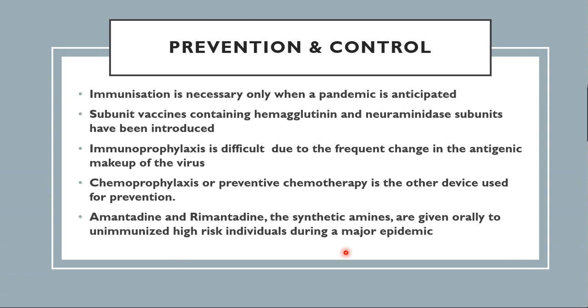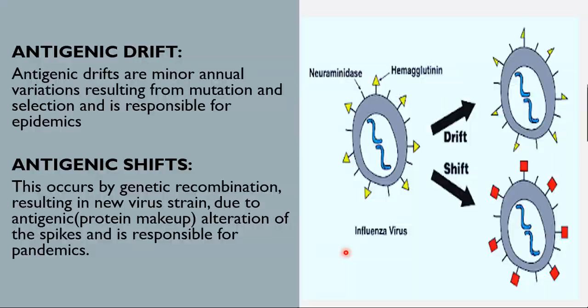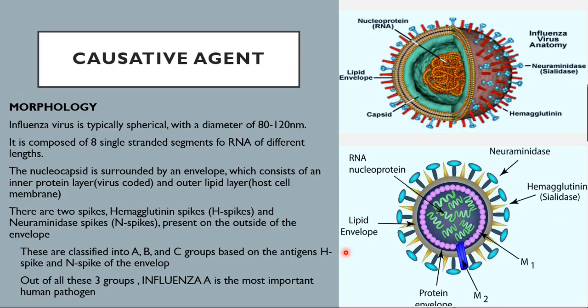They act only on influenza A virus and not on influenza B virus, which lacks the M2 protein. In the structure we went through the M1 and M2 proteins, so here the chemotherapy drugs mainly influence the M2 protein. Influenza A possesses M2, but influenza B does not, so these drugs are not useful for preventive treatment in influenza B.